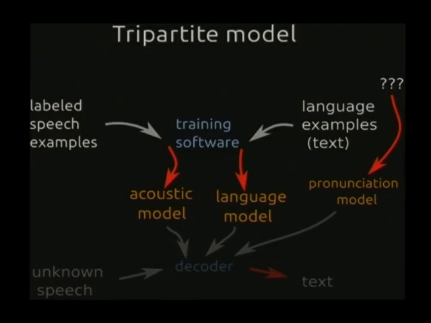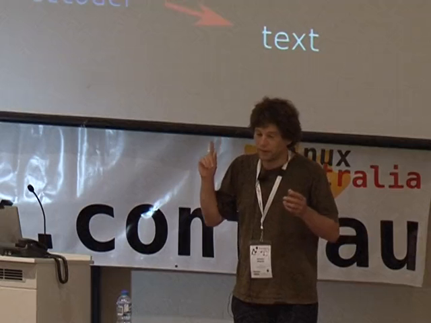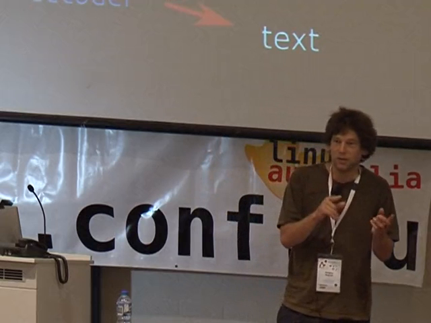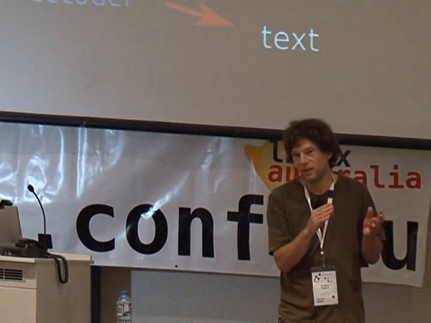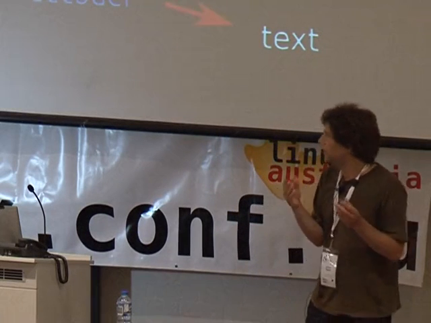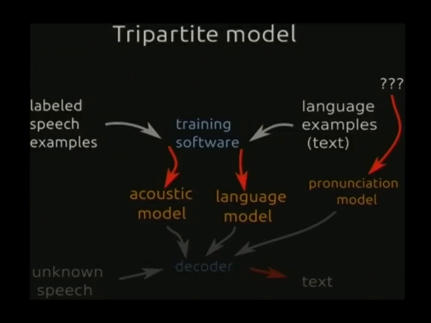The model actually has three parts. There's an acoustic model that takes the sound and finds phones or phonemes in it. And then there's a language model that maps phonemes to words. And then there's a pronunciation model, which is the glue between the two bits. It maps a word to a string of phonemes.